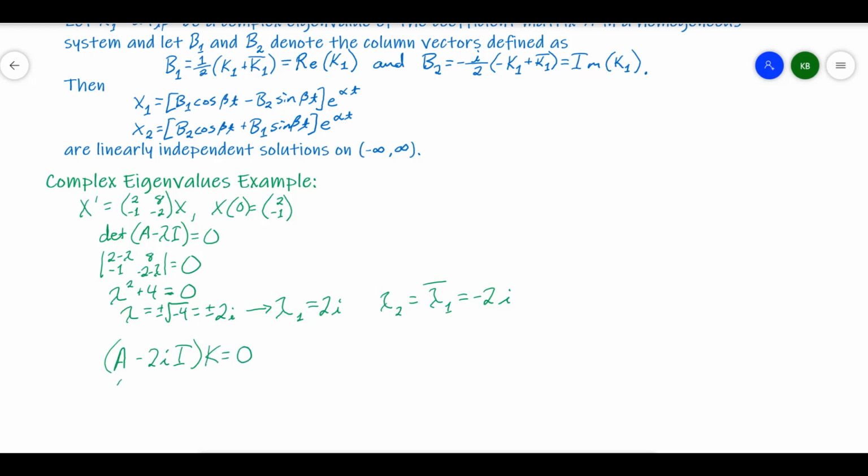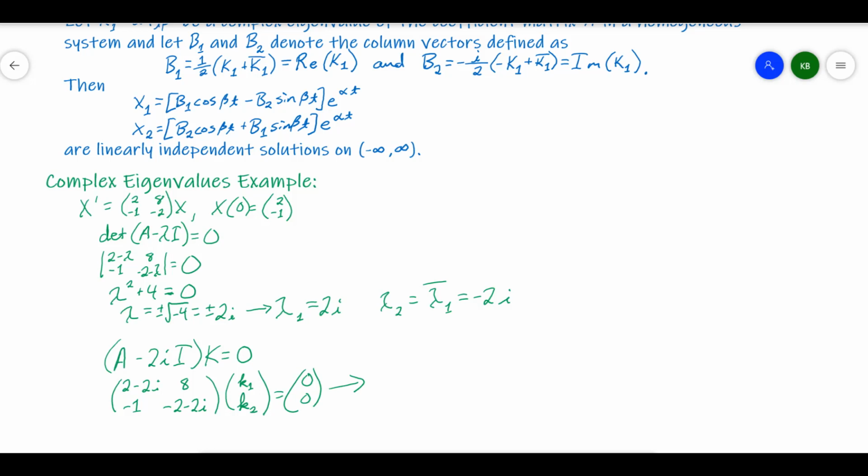So this is going to look like the matrix 2 minus 2i, 8, negative 1, and then negative 2 minus 2i, times k1, k2, equals 0, 0.